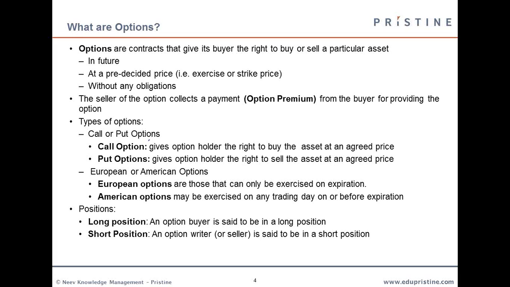Only on expiration, it's a European option. And then there are two kinds of positions, a long position and a short position. If you are a buyer of an option, you have a long position, and if you are selling an option, you have a short position. So pretty basic stuff. This is the terminology that we'll have in options. So now we'll proceed forward.